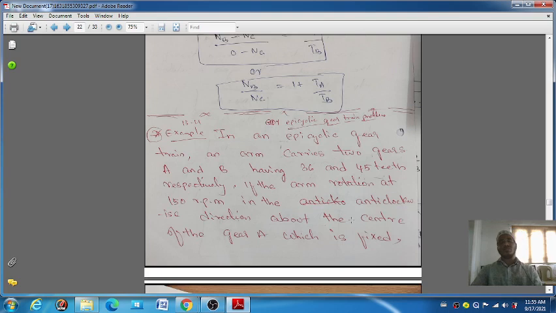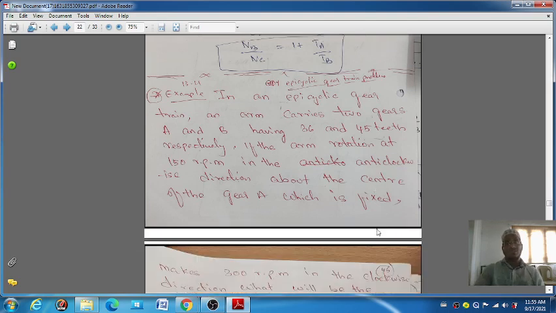problem, the first basic problem regarding this concept. In the question, an epicyclic gear train is given, and an arm carries two gears. The same problem: one arm, two gears having 36 and 45 teeth. The arm rotation is also given, 150 rpm, and the arm is rotated in the anti-clockwise direction, you have to remember.